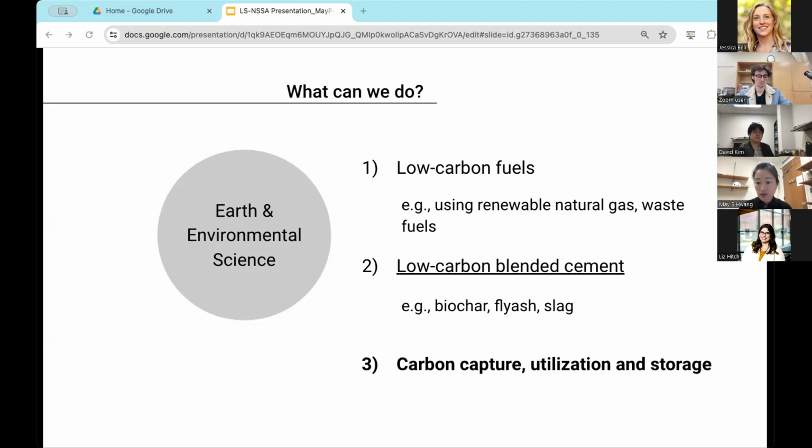And as a whole, they can reduce the carbon footprint by 10 to 20%. And the third way is carbon capture. And that can capture 100% of carbon emissions from cement manufacturing. Our focus in our project would be on number 3, the carbon capturing process, and a bit of number 2, using biochar mixed with cement, but that's only to see a better effect of number 3, carbon capturing.